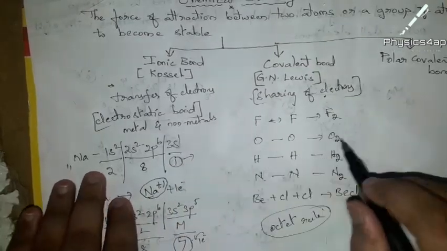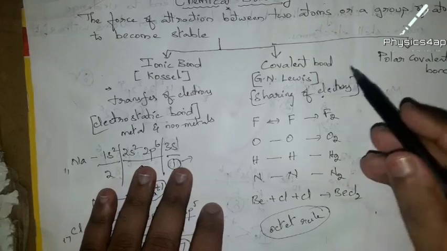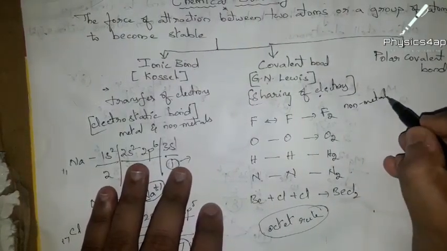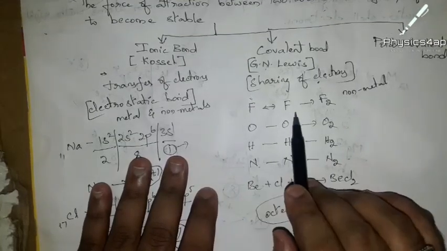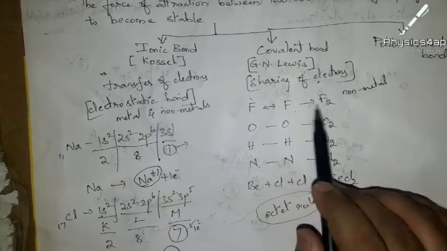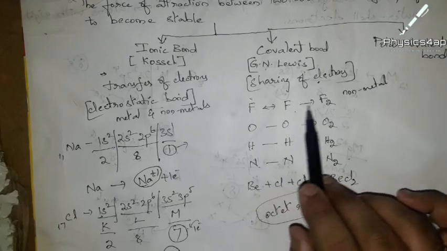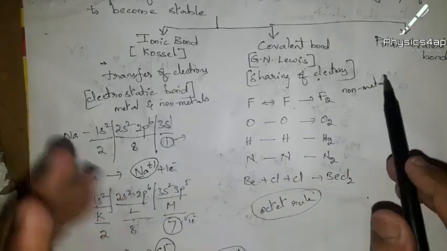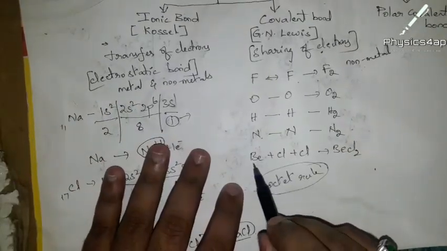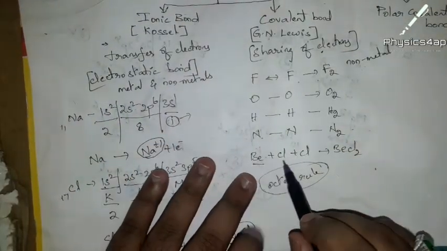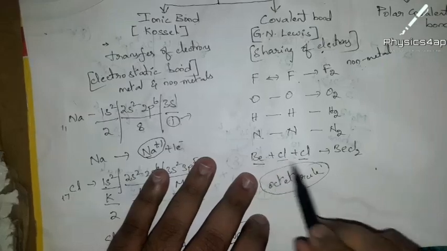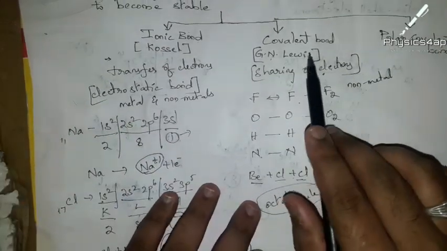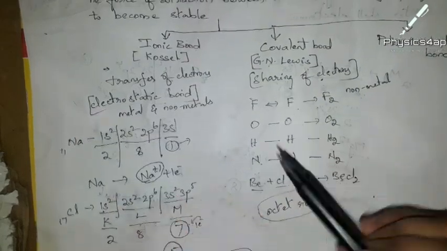But the covalent bond is formed for non-metals only, that is, non-metal to non-metal, like fluorine, which is a gas, and another fluorine, also a gas. These two are non-metals, and the bond formed between them is the covalent bond. Here also, beryllium is a metal, but chlorine is a gas, and when they combine we get BeCl2, which is not a transfer of electrons but a covalent bond, the sharing of electrons.